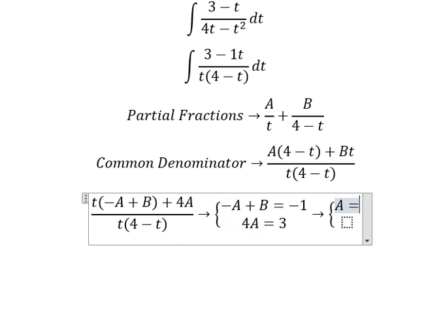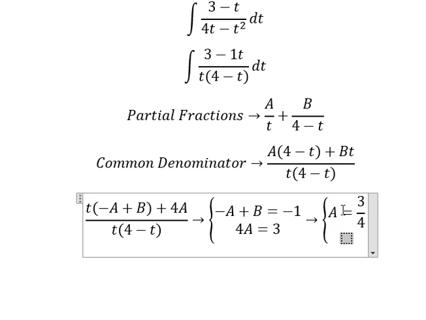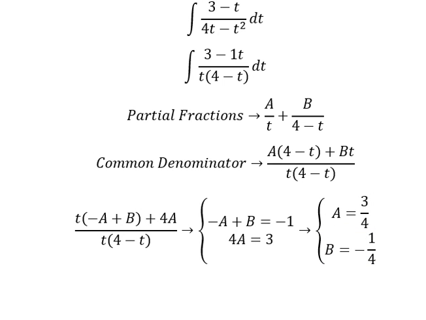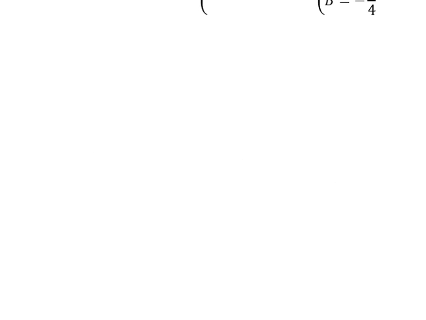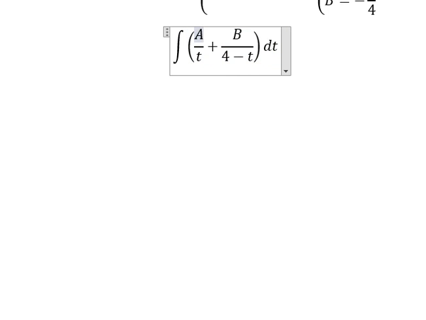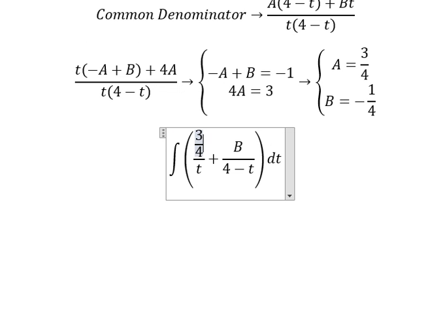So a equals to 3 over 4, b equals to negative 1 over 4. And now we put the values here.